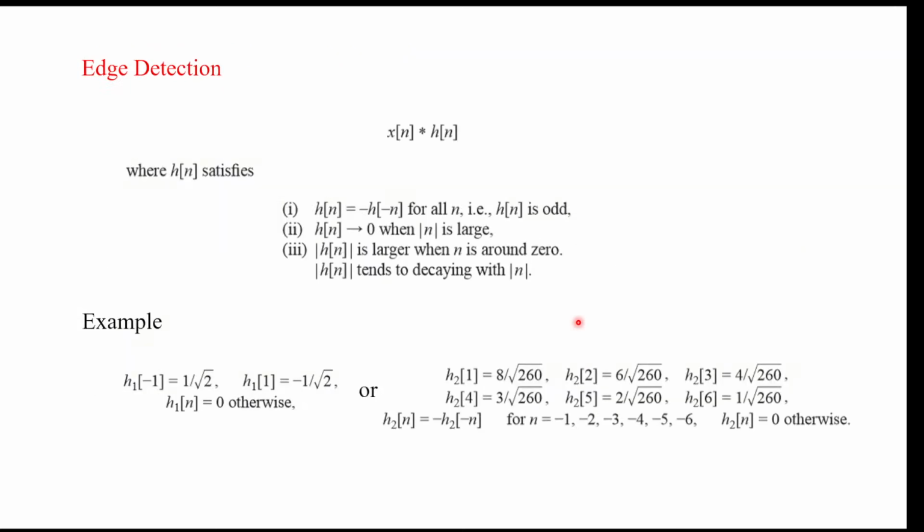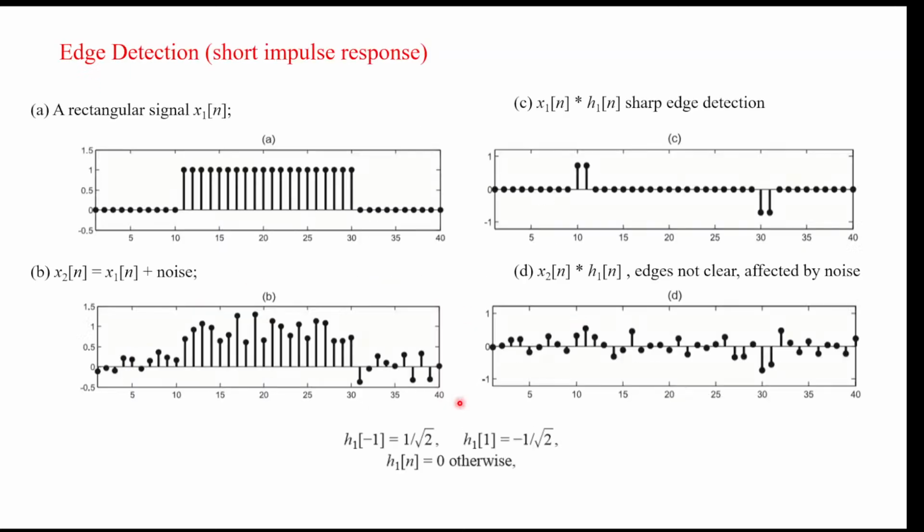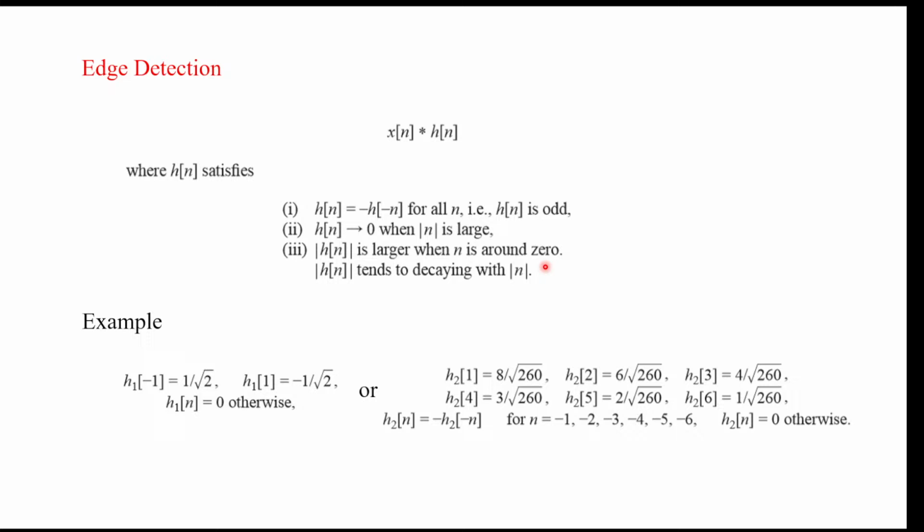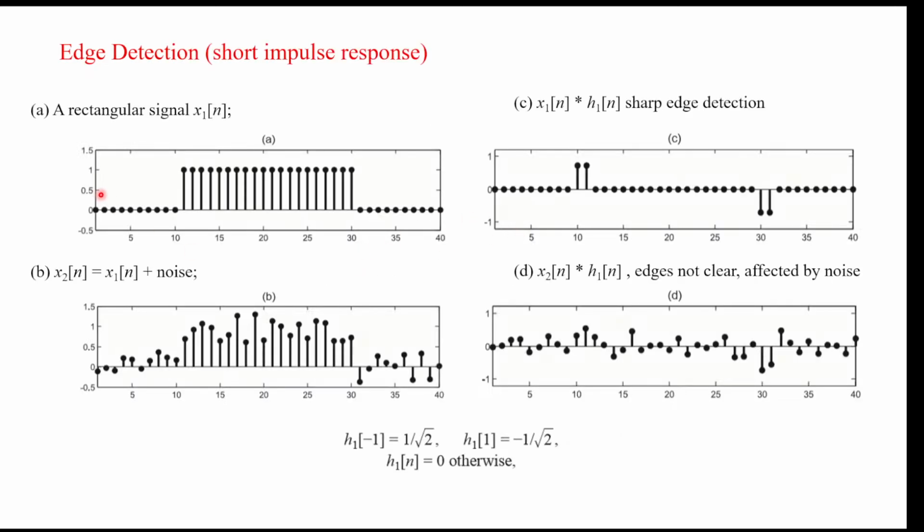I guess I'll skip the detail, and the result will be like this. So you can have an edge detection system where the input looks like this, and the output tells you that you have the positive edge here and the negative edge here. Then with a signal with noise, you see that it's noisy here.